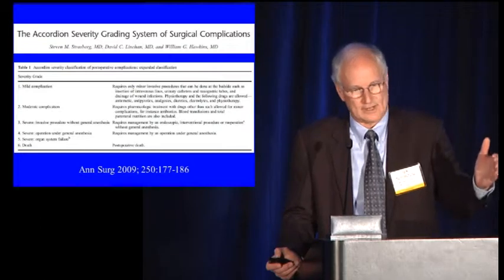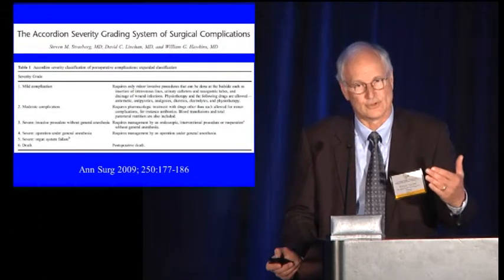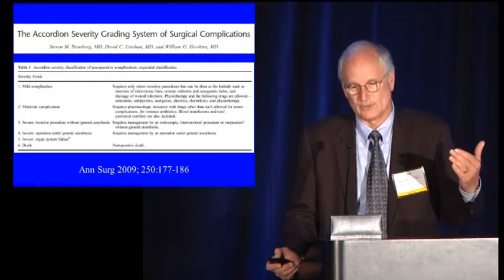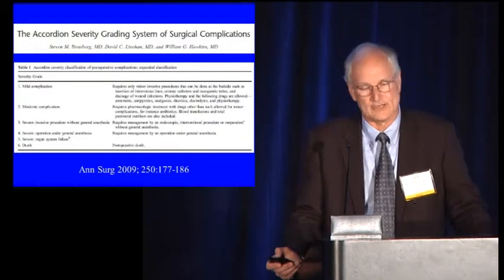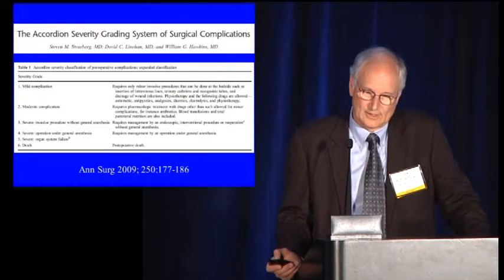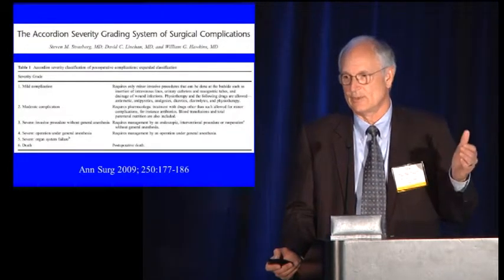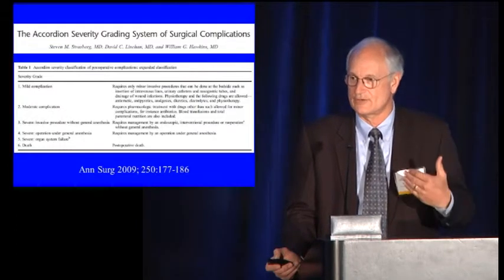So it's a UTI or it's a return to the operating room for bleeding. It's a different magnitude for those two. That's really what we want to know. And he has a very simple grading system for that, which is 1 through 6, and I'll go into this very briefly in the next slide. But if you think about it, this way we can compare Whipples to esophagectomy.